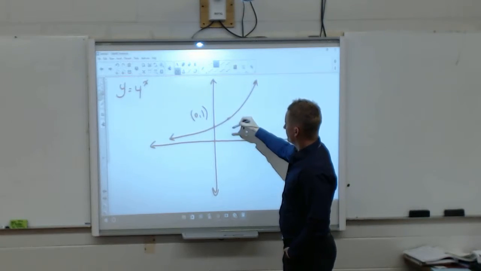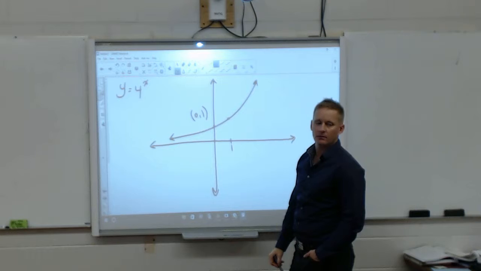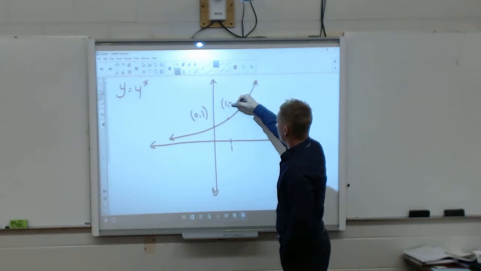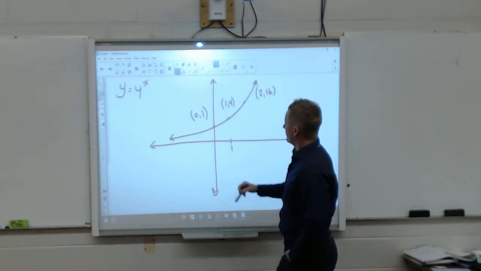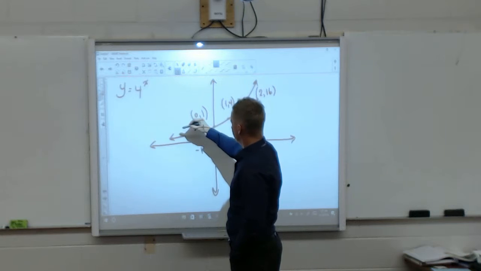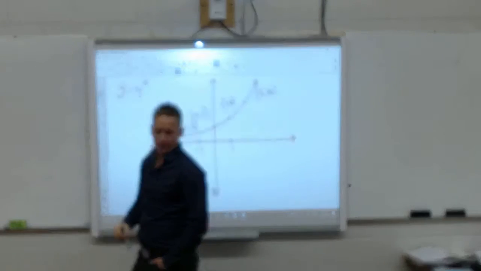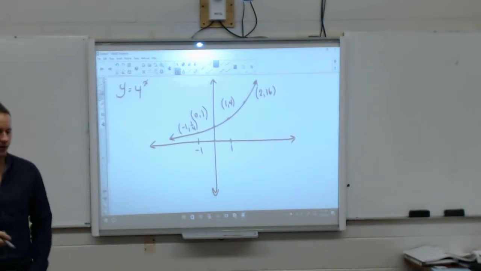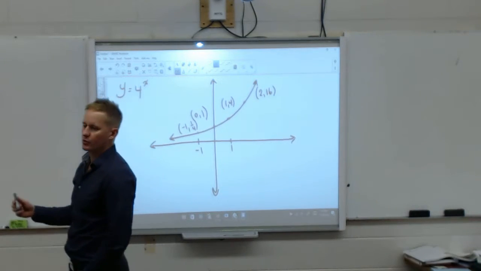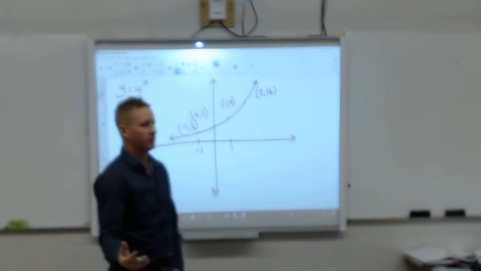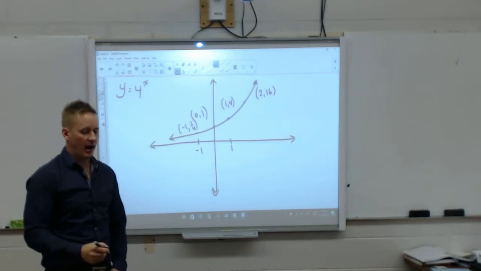The value of x equaling 1, what is the y value? 4. So I've got 1 and 4, and then I've got 2 and 16, right? And then over here I have negative 1 and 1/4. So I just plot in those. They're not of any use to you at the moment, but when I look at the transformations that need to be made, I may want to use one of those coordinates to make sure that I have done the transformation correctly. Because realistically right now, all I have is the 0 and 1 on the graph, right?